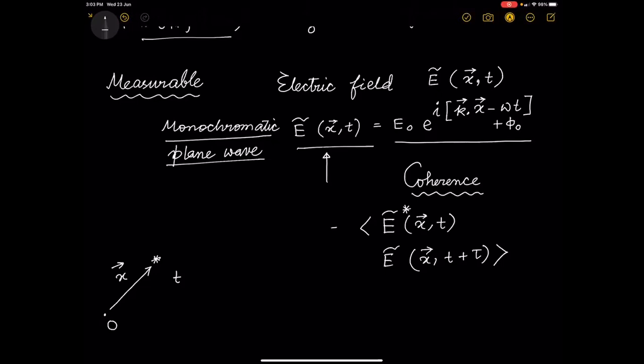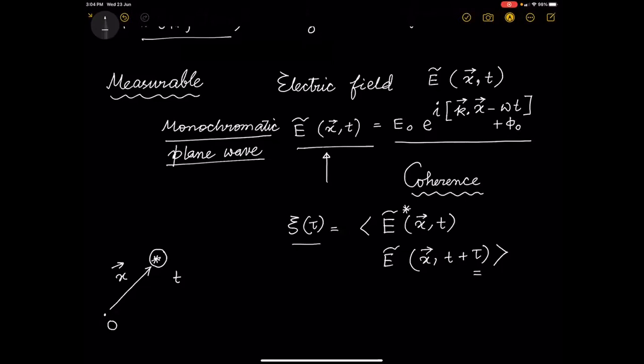And I change this difference in time, which I call tau, and calculate this function. You see that I have done an average over here. What does it mean? That we'll discuss at length later. But let's assume that we have kept on measuring the electric field at the same position. Maybe there is an antenna here, and I'm measuring the electric field at different times and calculating xi of tau.